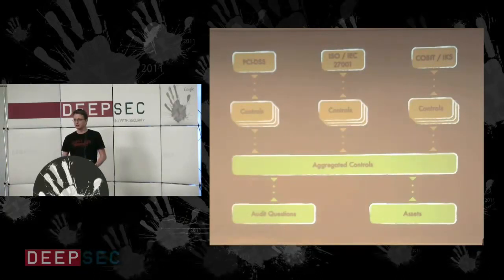So an asset owner only sees his relevant questions. The last time we did self-assessments, these were about 30 or 40 questions for a system owner, instead of having 120, 130, whatever, which reduces the time quite a bit.